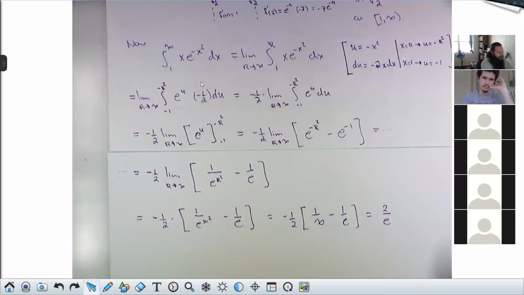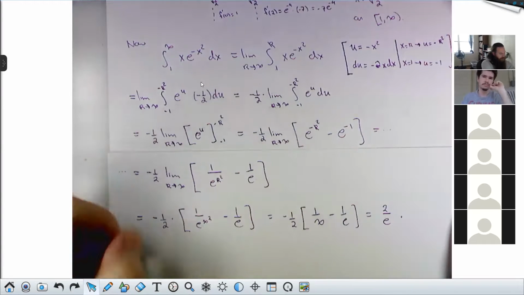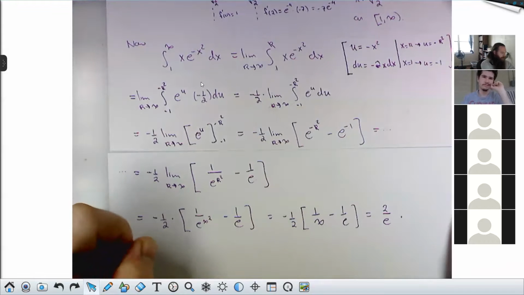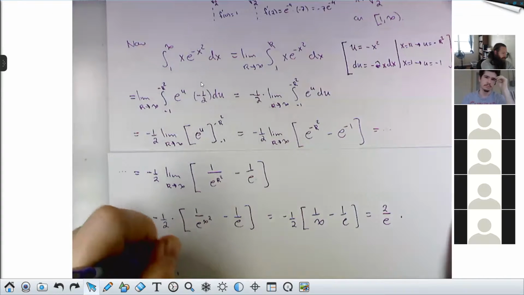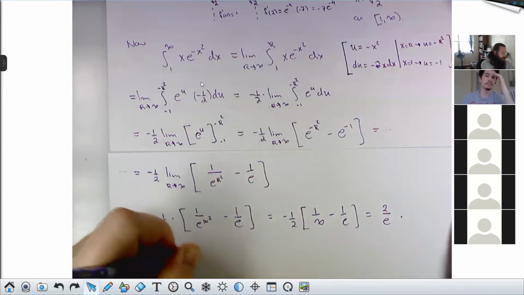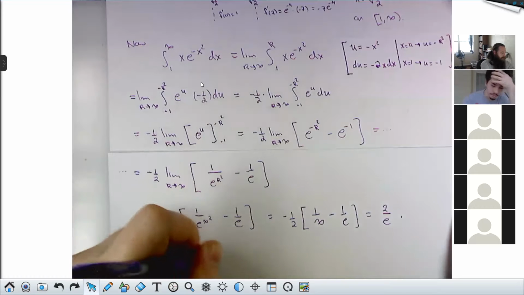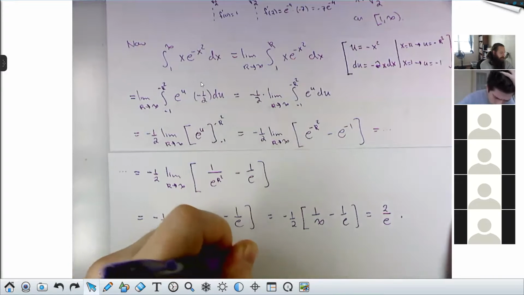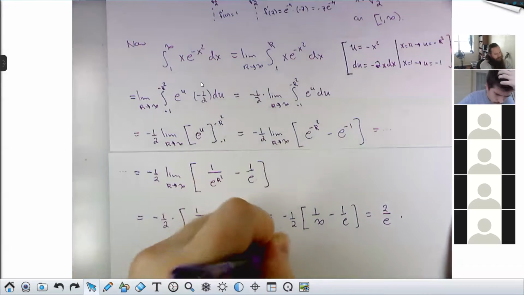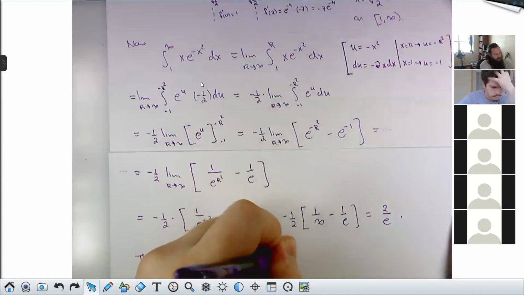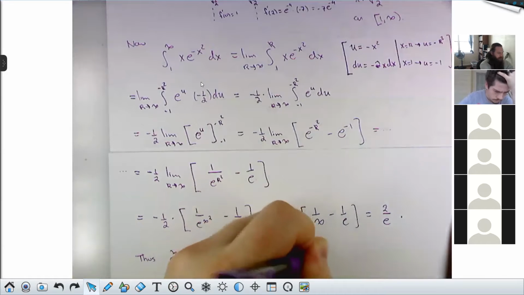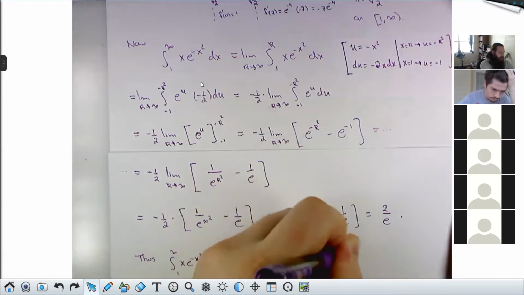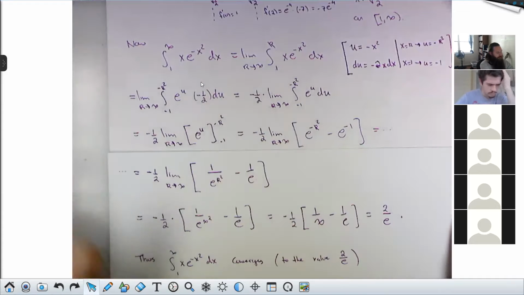Very good. The integral from 1 to infinity of x e to the -x² dx converges. We can even say what it converges to. It converges to the value of 2 over e.